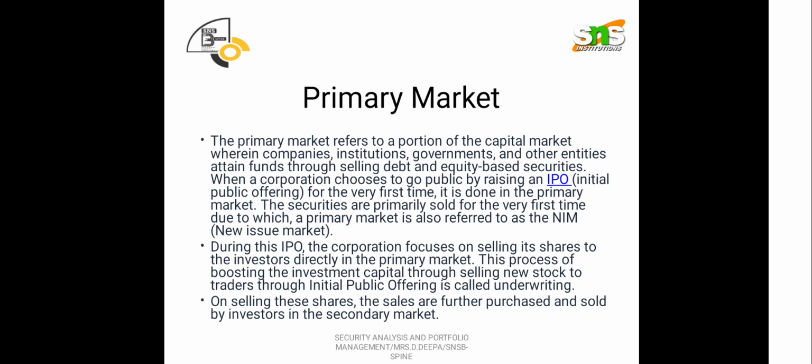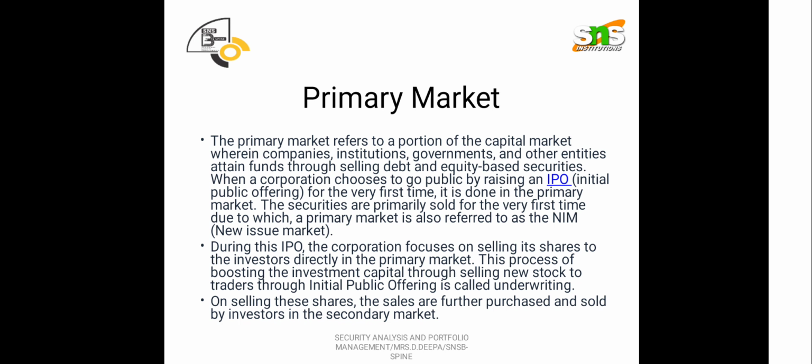It is done in the primary market. For the first time it has to be done in the primary market. That is why it is mentioned here that the securities are primarily sold for the very first time. So the primary market is actually called the new issue market.